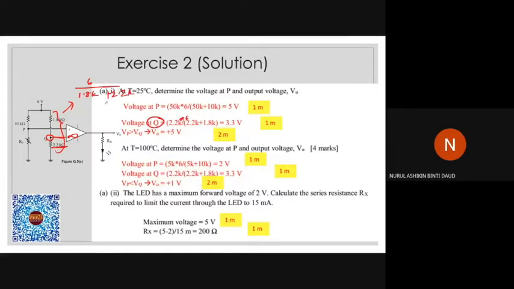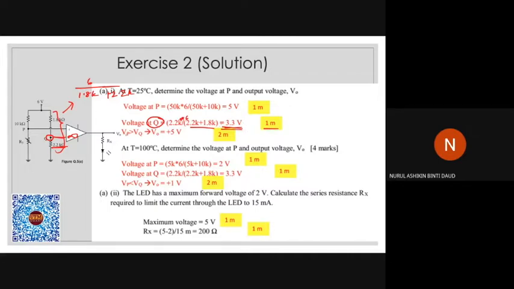Here, please insert 6. So 2.2 kilo ohm times 6 over 2.2 kilo ohm plus 1.8, which comes from here. So you will get the voltage at point Q when the temperature is 25 degrees as 3.3 volts. The mark is also 1 mark because this is too simple.